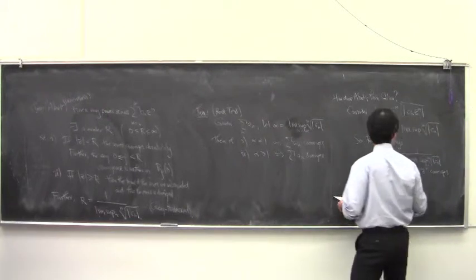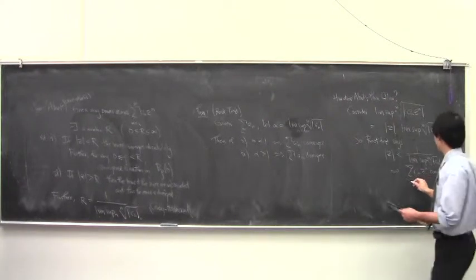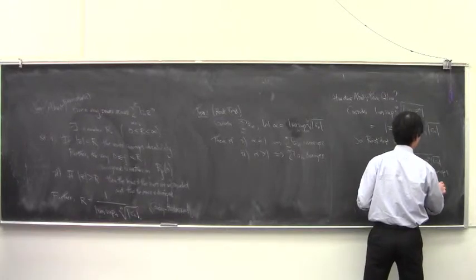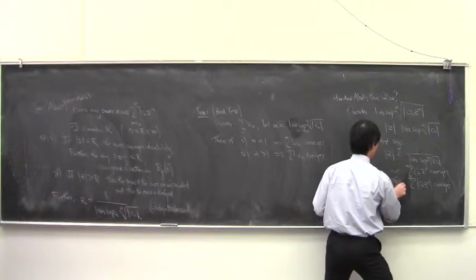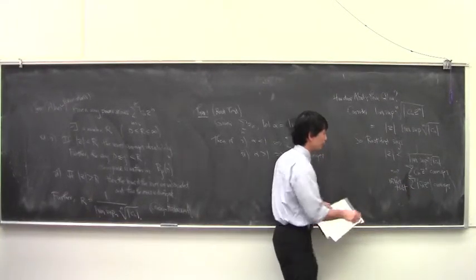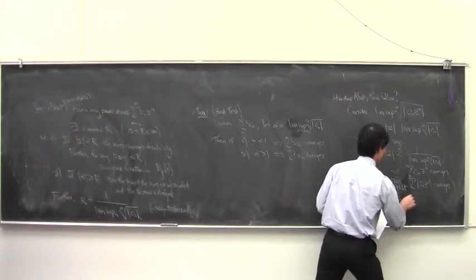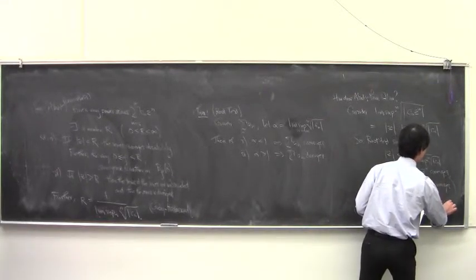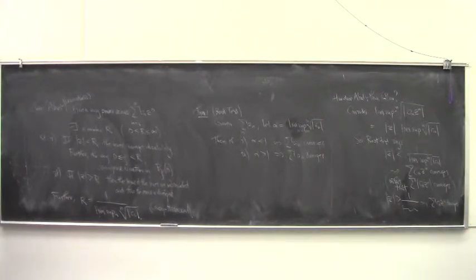So the root test says that inside here this converges, and in fact that the series converges absolutely. And the root test also says that if this is bigger than 1 over that thing, then the series diverges. So the first part immediately follows from the lim sup root test.